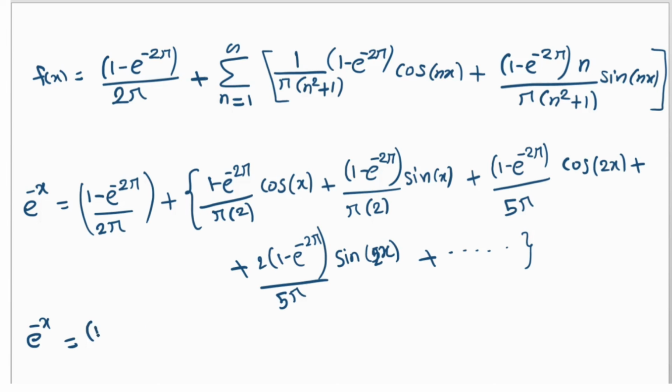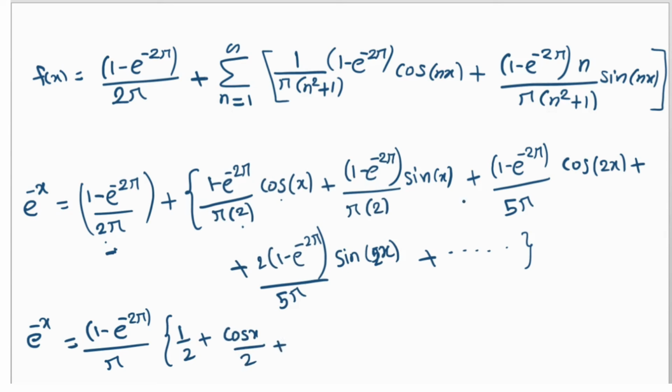So the common term if we take outside, so 1 minus e raised to the power minus 2 pi divided by pi is constant common, so we can take outside. Here remaining is 1 upon 2, because this whole term we are taking common, so remaining is 1 upon 2, plus here this term we are taking common, so remaining is 1 upon 2 and into cos x, so we can say it is cos x by 2.